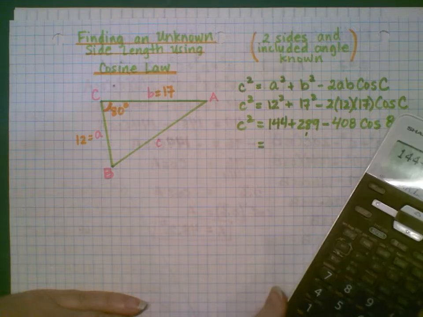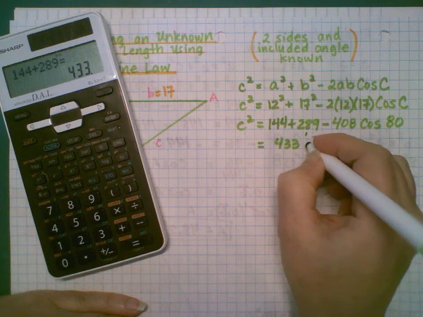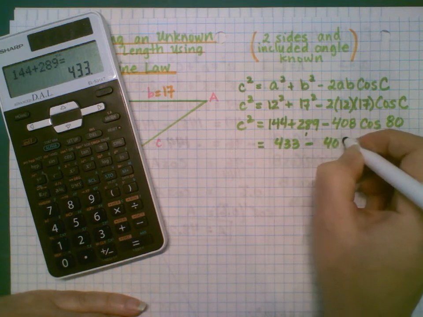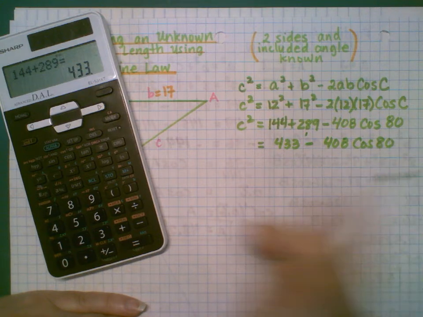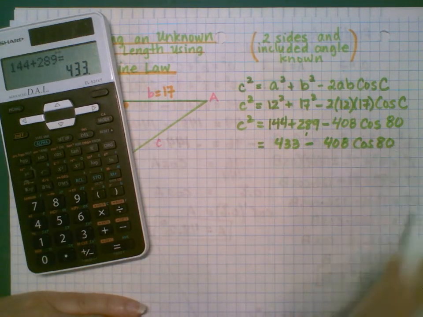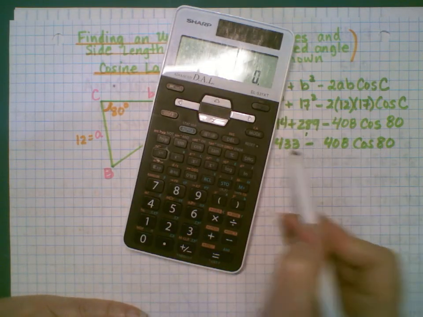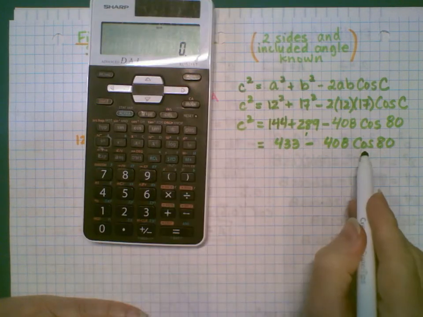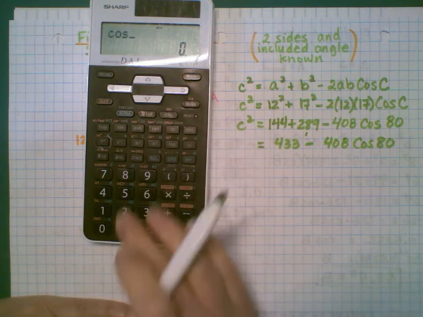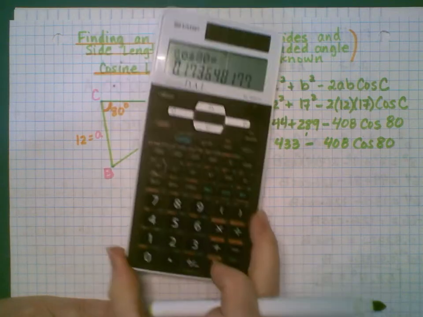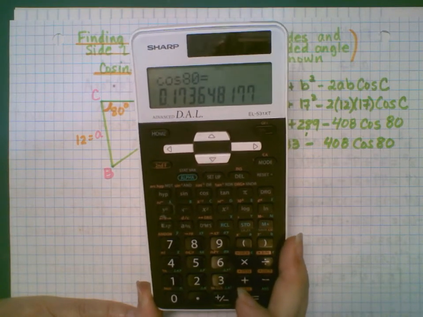Simplify that part. It's 433 minus 408 cosine 80. Cosine 80 is a decimal value, so I'm going to evaluate this working my way back from the cosine 80. Cosine 80 equals 0.1736.